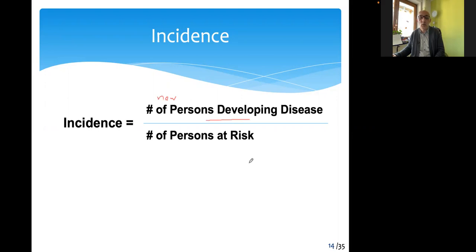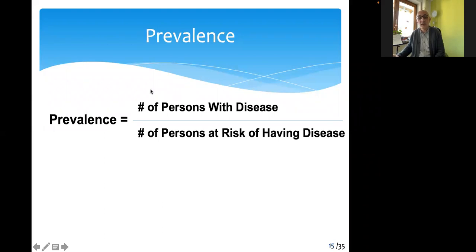Let's say it is 1%. If the incidence is 1%, it means 1% of that population, with some population size X, will develop the disease within 1 year. The prevalence, on the other hand, is the new and old patients together.